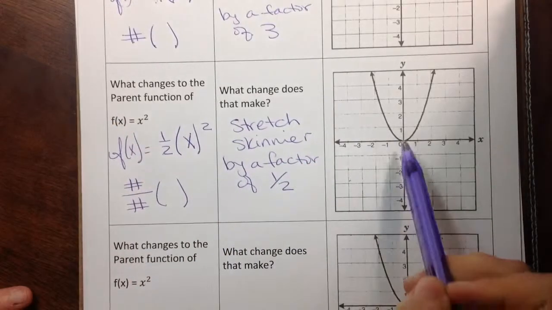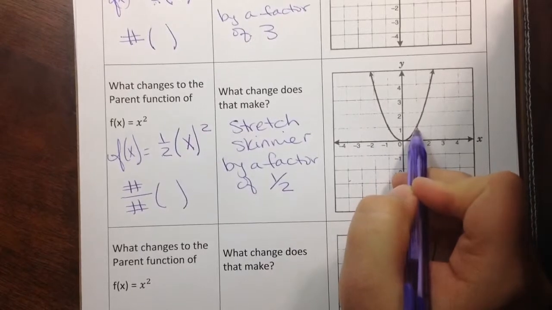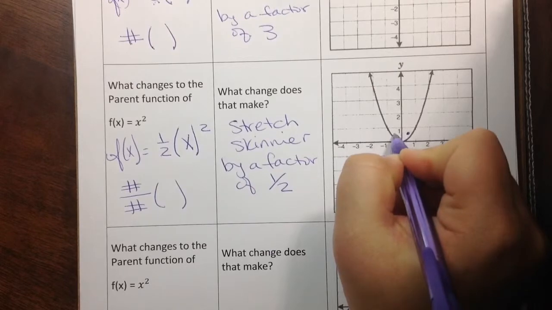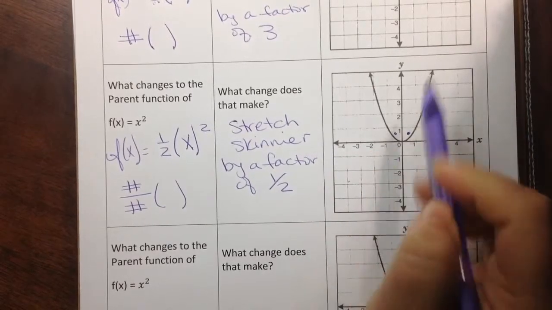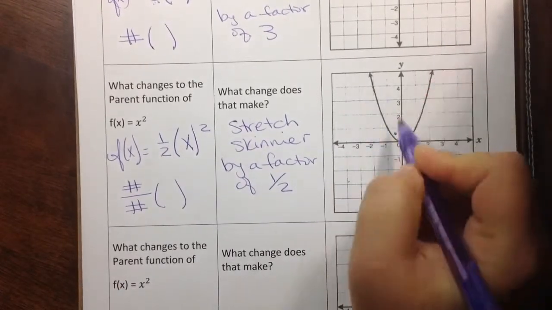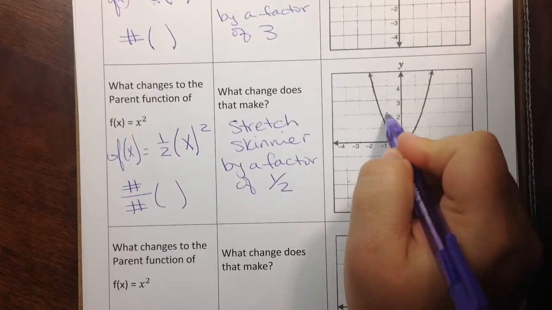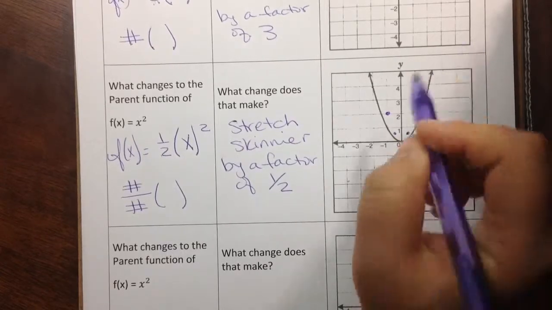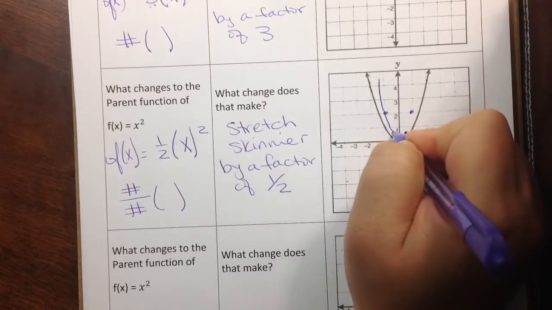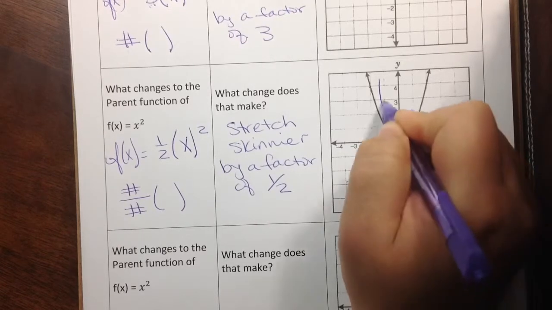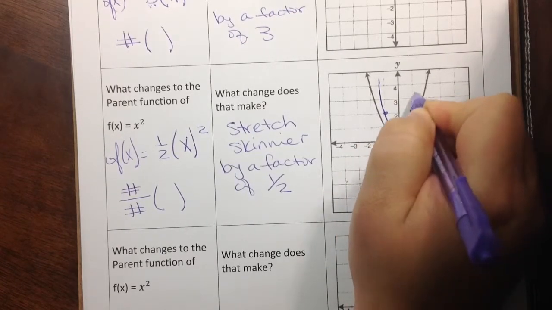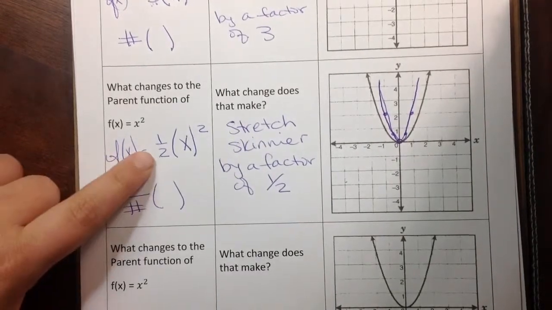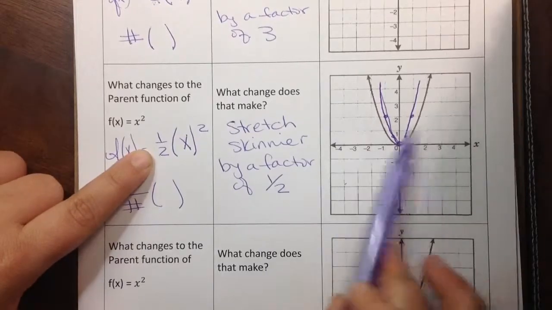So now when we graph it, if we were at 1, 1, now we know that half of 1, 1 is a half and a half. So here we go. That would be our little points right here. 2, 4 would now go to 1, 2. So if we look, our graph is going to come to that same vertex right here, but it's now getting very skinny. Okay? So when we have a fraction like a half, our graph will get skinnier.